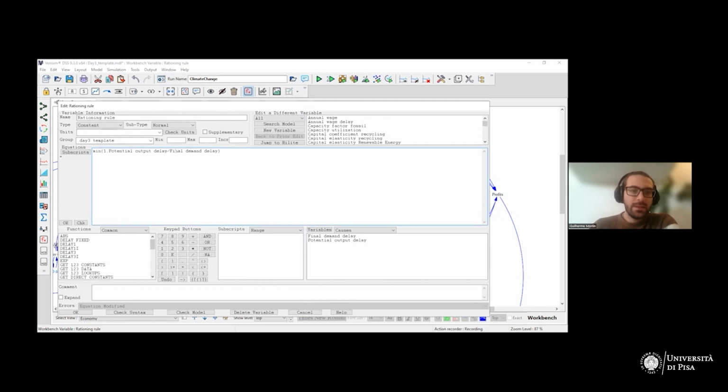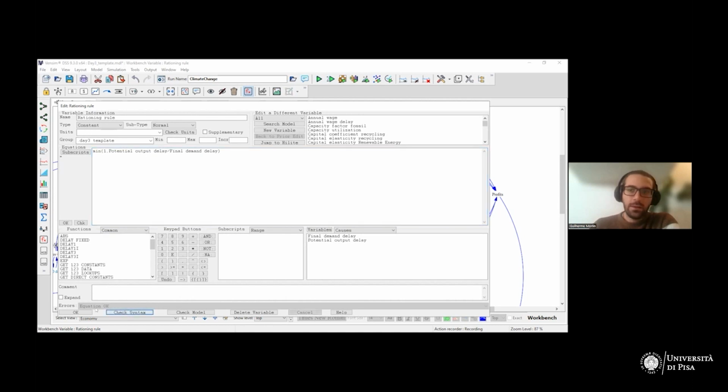So when this division between potential output and final demand is greater than 1, it means that potential output is greater than final demand. And then I will capture the value of 1 because 1 is smaller than the ratio that I will get, and then I will not apply the rationing rule. Otherwise, if potential output is below final demand, then I will have a value that's below 1, and then the function will give me this value here.